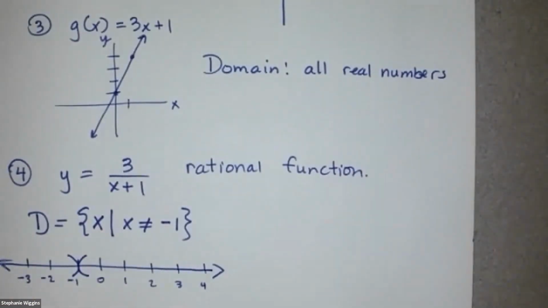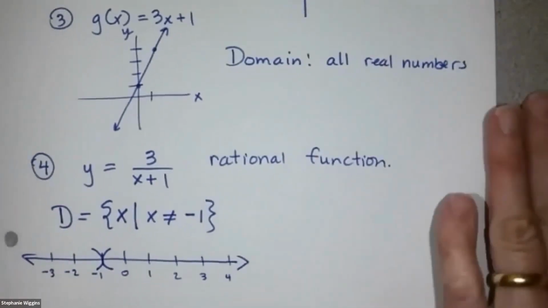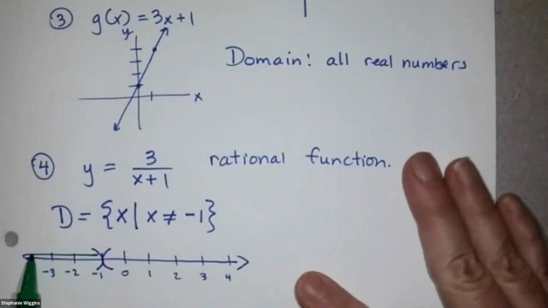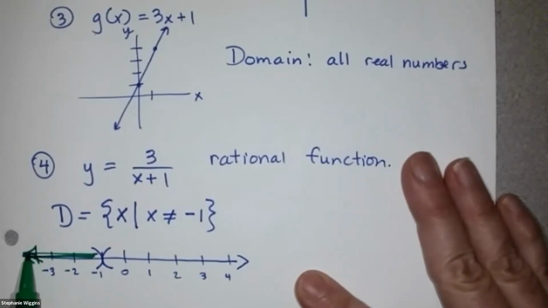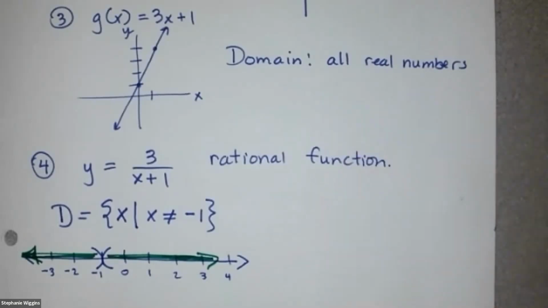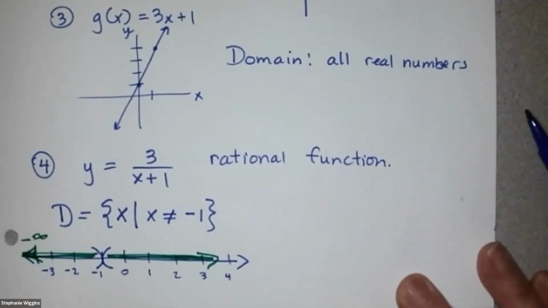So that shows that our function is everywhere except at the point -1. I mean, that's our domain, is what I meant to say. So it's the entire number line, and over here we have -infinity, here we have -1, and here we have positive infinity. So if we want to write this in interval notation, the graph helps.